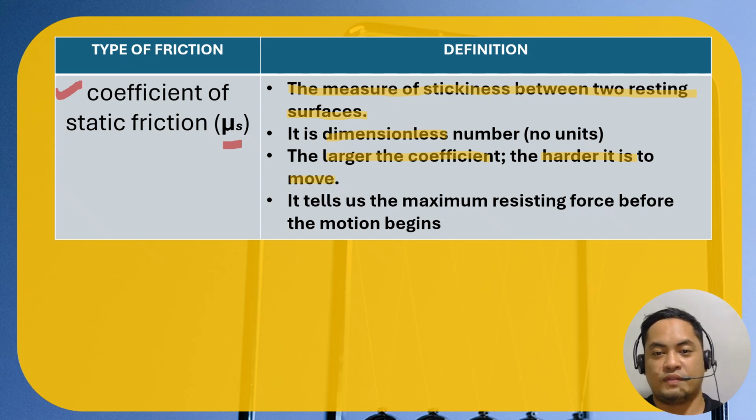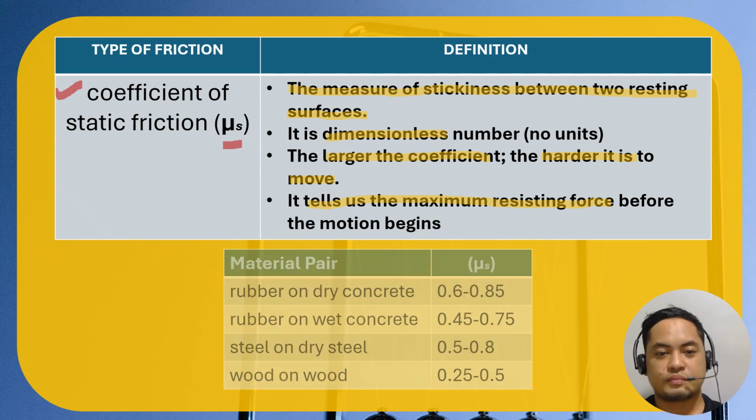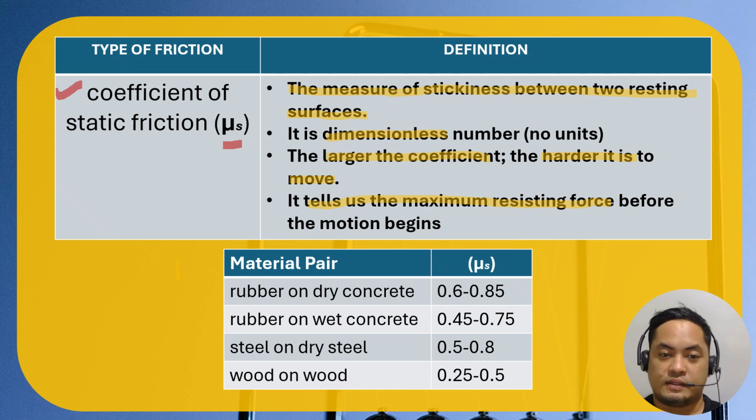Obviously, if the coefficient, the stickiness between the two resting objects, is larger in magnitude, of course you cannot really move it easily. And it tells us the maximum resisting force before the object will eventually move. Like I said, it's constant, and it depends upon the material pair. For example, rubber on dry concrete has this range of the coefficient of static friction.